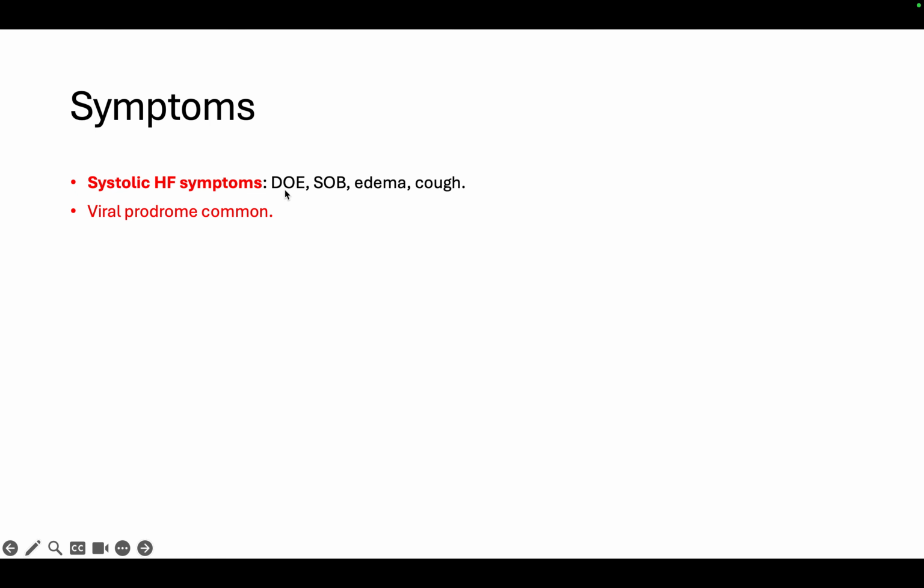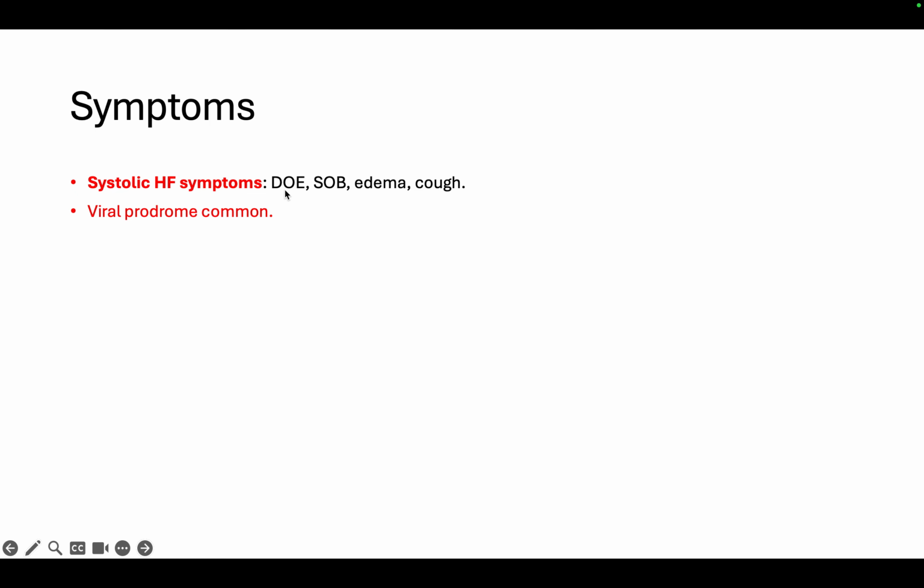If the right side is dilated, it's going to back up to the rest of the body. So you need to know how to interpret these signs and symptoms, because based on these symptoms, you can actually tell which ventricle is dilated. So if this person comes in with cough and congestion, right? Coughing, chest congestion, it's probably the left side that's dilated. If they come in with peripheral edema, swelling in their ankles and legs, it's probably the right side that's dilated.